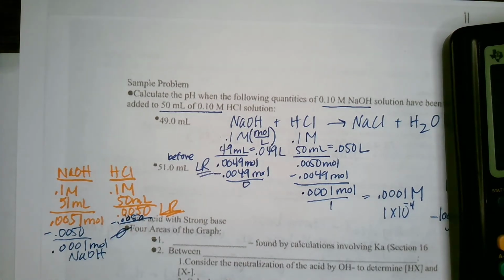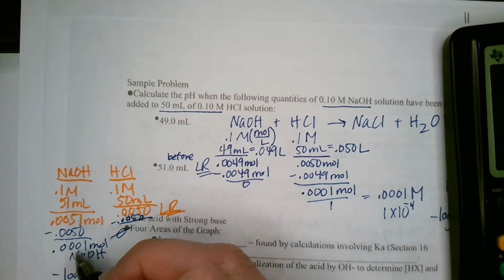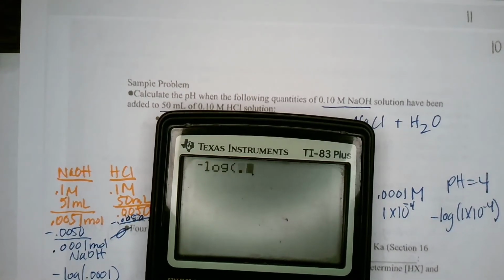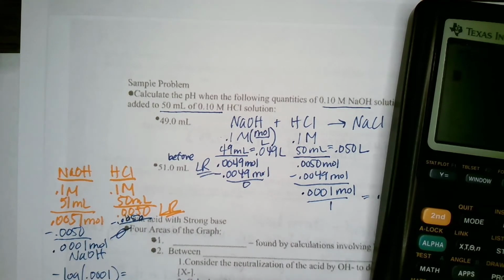So when I plug in the negative log of 0.0001, I get 4. But remember, that's my pOH, equals 4. So to find the pH of the solution, I need to do 14 minus 4 to get a pH of 10.